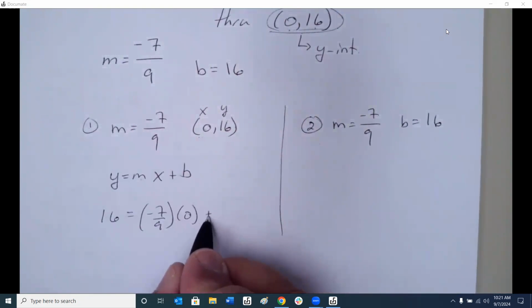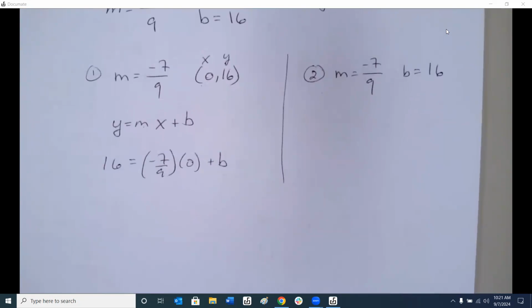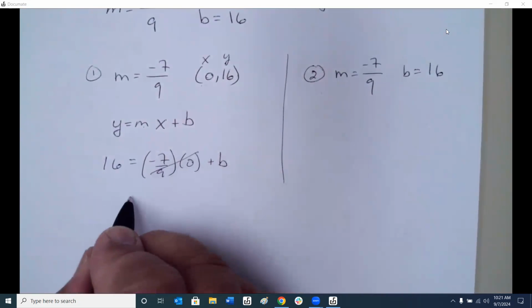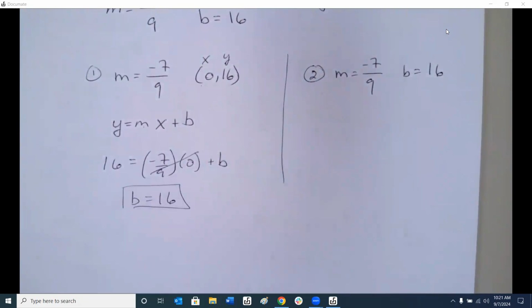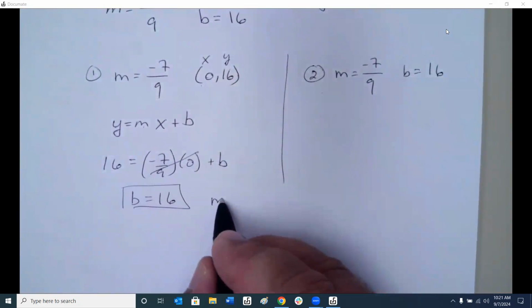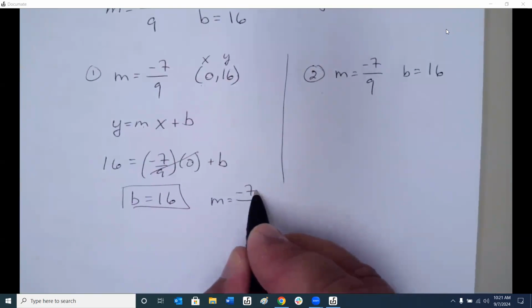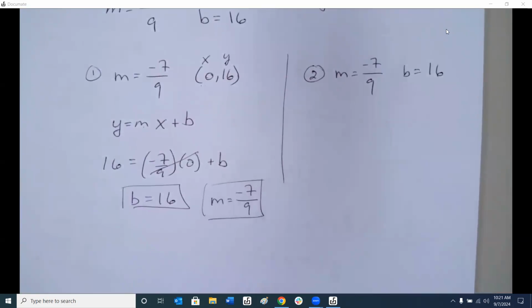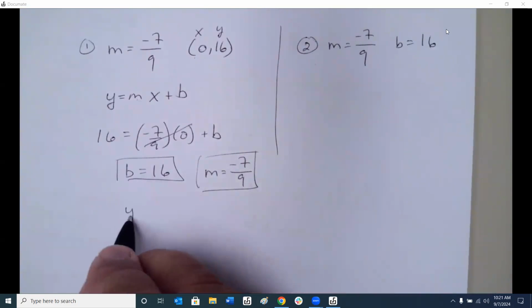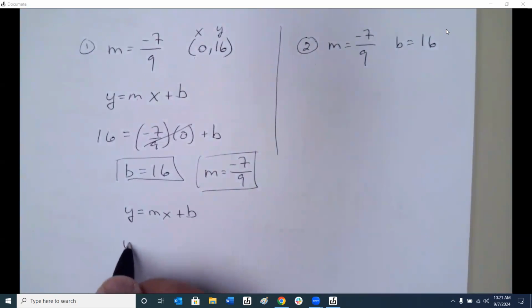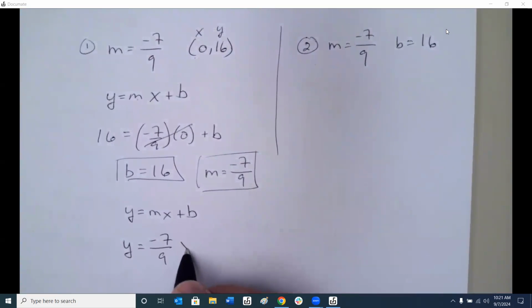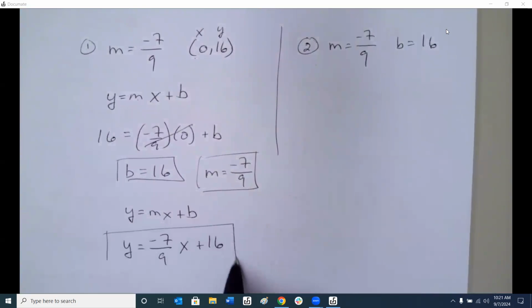X is 0 plus b. So b equals 16. And m, as we said, is -7/9. Plug those in your equation. And there's your equation of the line.